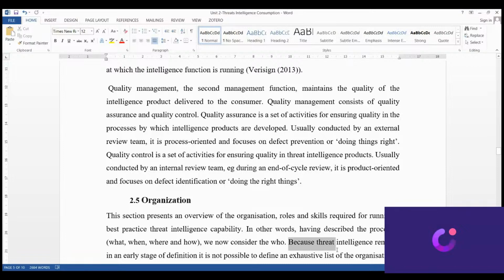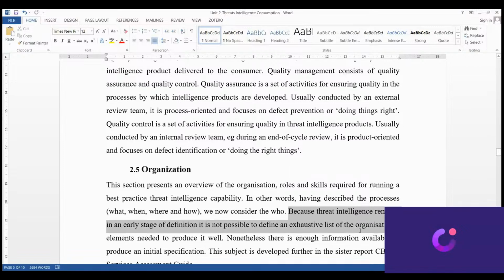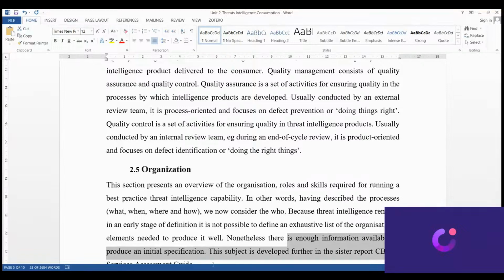Because threat intelligence remains in an early stage of definition, it is not possible to define an exhaustive list of organizational elements needed to produce it well. Nonetheless, there's enough information available to produce an initial specification.